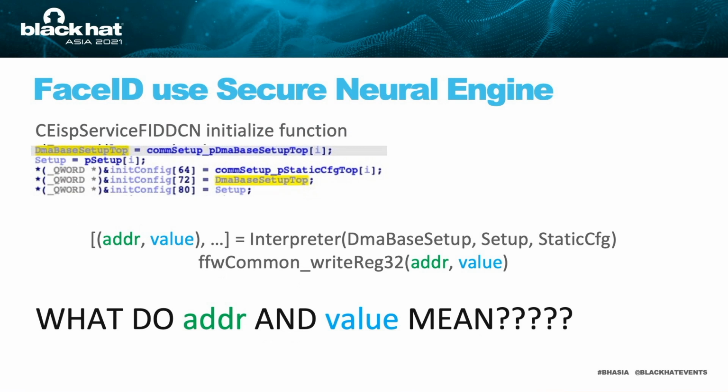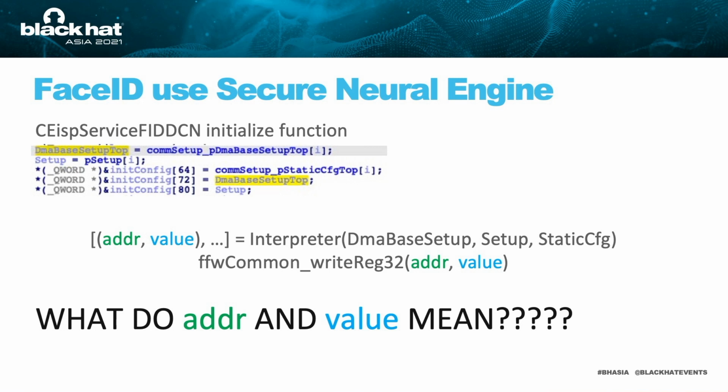Essentially, FaceID implements an interpreter-like program in SEP, which converts three different setting information into register addresses and values that need to be written to these addresses.